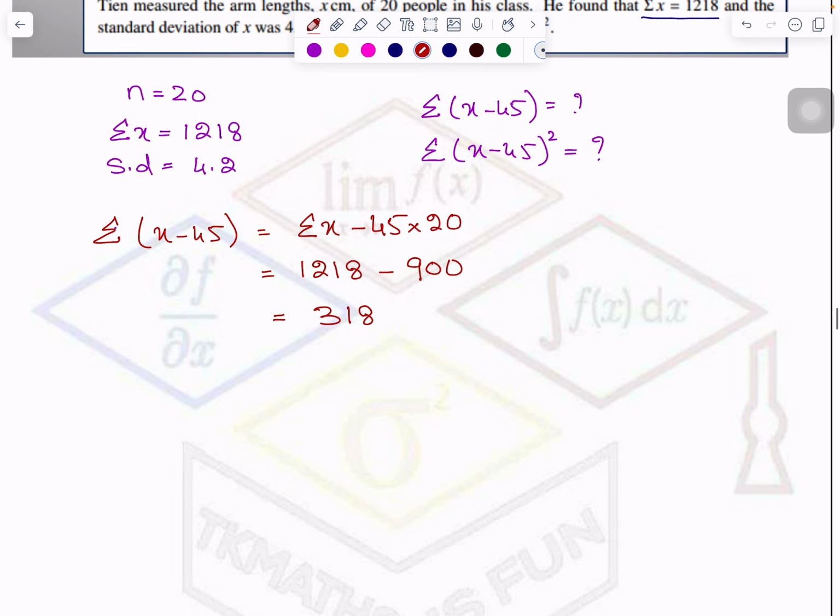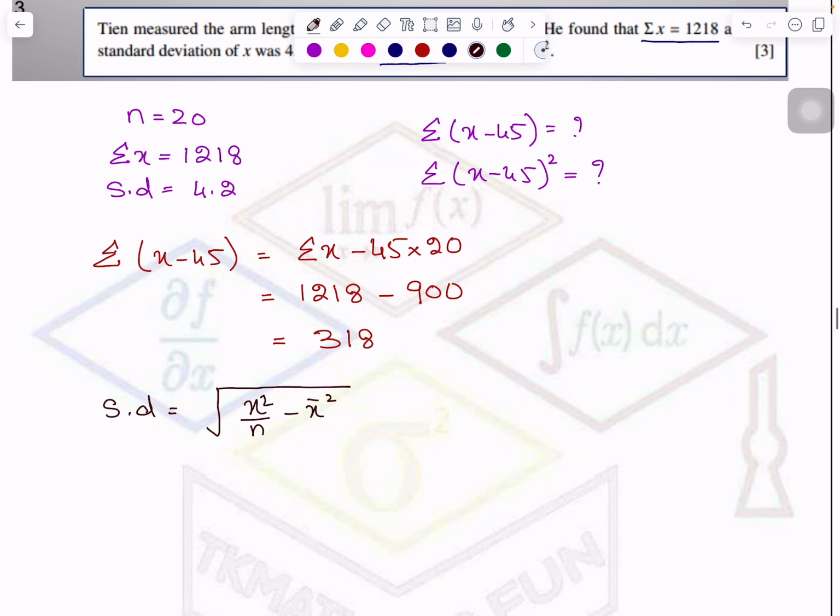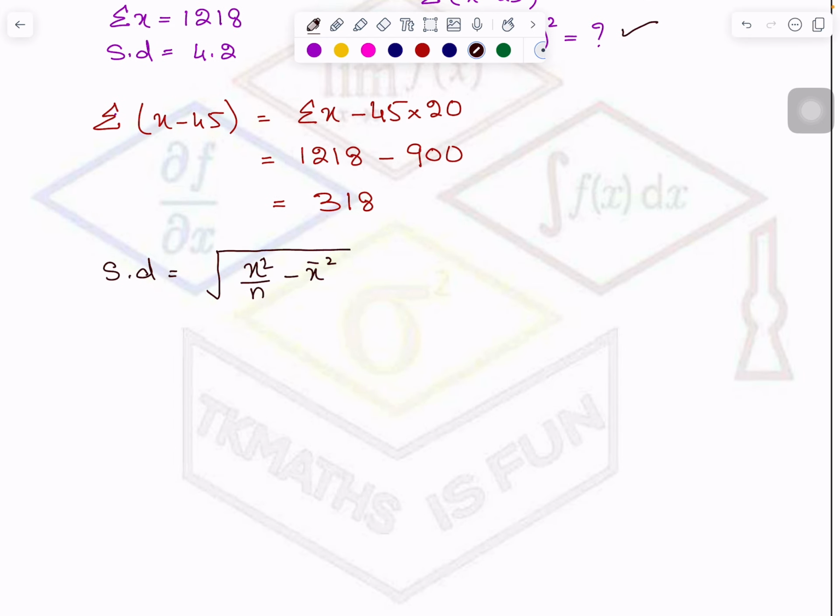Now we have to find sigma (x minus 45) squared. That we will do with the help of the standard deviation formula. You remember that the simple standard deviation formula is the square root of sigma x squared over n minus mean squared. But here we have to find it for the coded data, so I will write the standard deviation formula for the coded data.